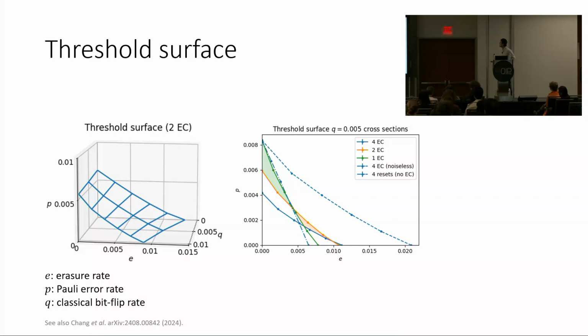In this dash-dotted line, I'm plotting what happens when we just ignore all information about erasures. So this can be interpreted as a scheme under leakage, where we don't know anything about qubits going out of the computational subspace, but we give some extra advantage to the scheme in that it can reset the qubits for free. Okay, so the resets are not causing more noise.